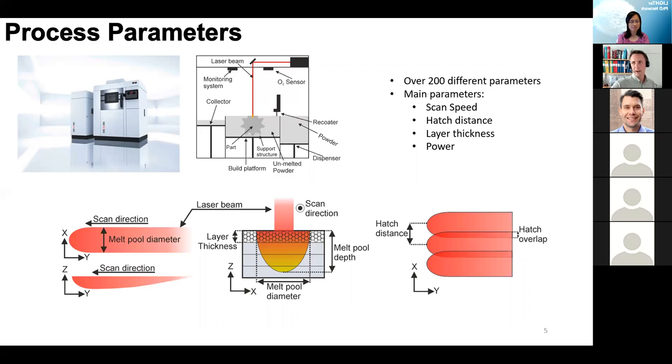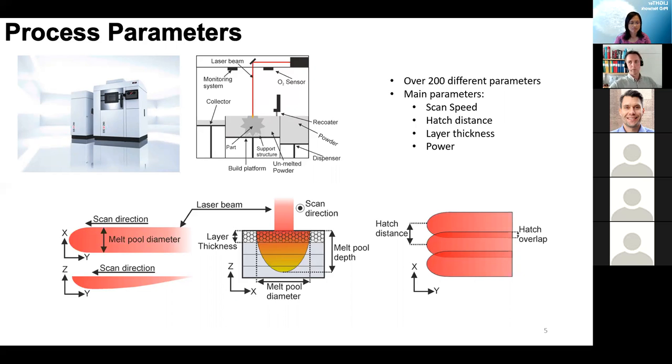So we have a high energy laser beam, and we're creating a melt pool. And then this melt pool is moved around on the powder bed, and we are melting. And this melt pool will change in shape and also size depending on how we are selecting the process parameters.